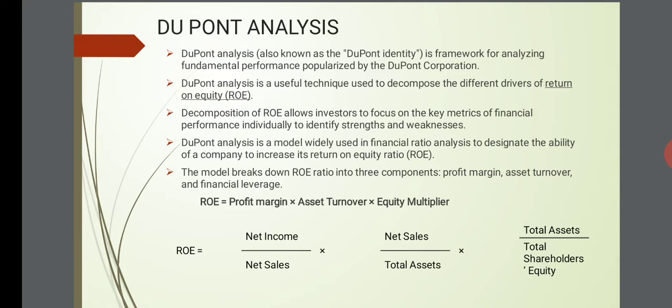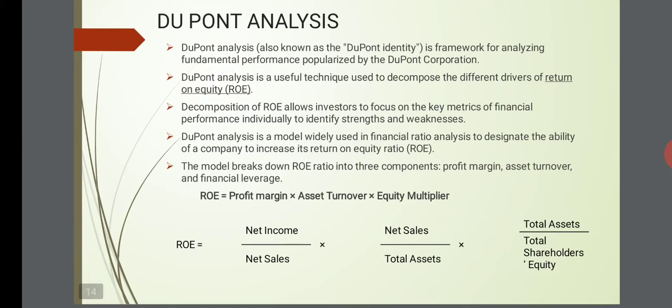It can be maximized by maximizing these three components. The first component is profit margin. So if we increase profit margin, if we increase net profit to sales ratio, then definitely there will be an effect on return on equity.